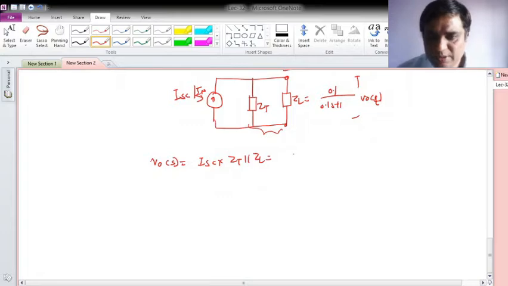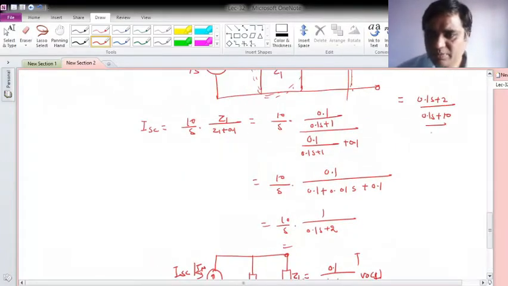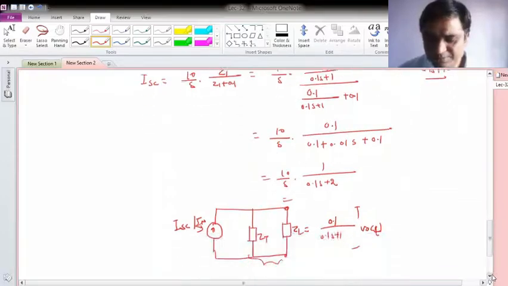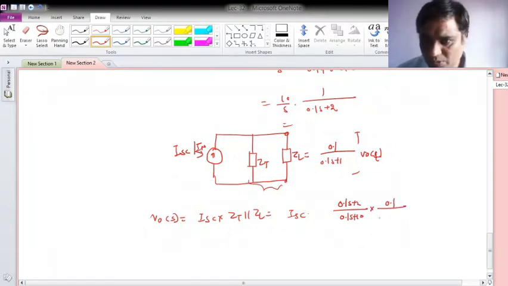So ISC is this, which we obtained, into ZT and ZL. ZT and ZL are not the same. ZT is 0.1 S plus 2 upon 0.1 S plus 10, into ZL, which is 0.1 over 0.1 S plus 1, over the addition of it.